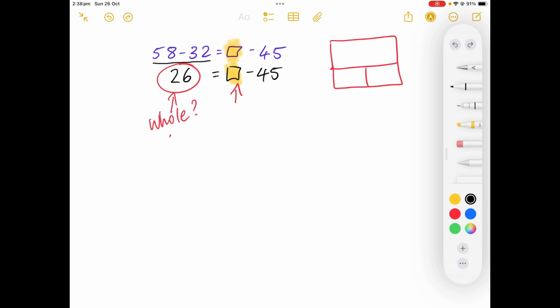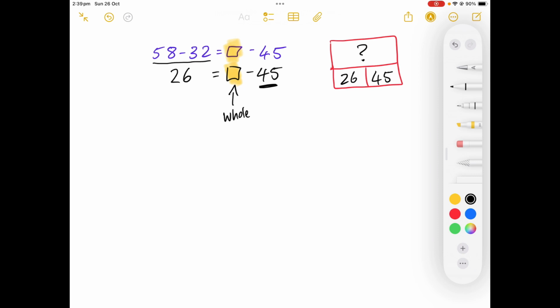Okie doke. So let's have a real rethink about what that means. 26 is something take 45. Let's have a rewrite of that. Something, if you take away 45, that means 45 must be one of the parts. When we do a takeaway, we always take away from the whole. So the whole is the I don't know, and 26 is on the other side.